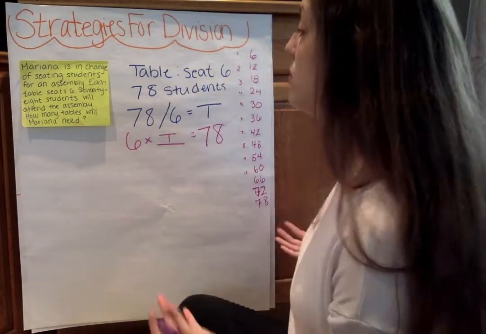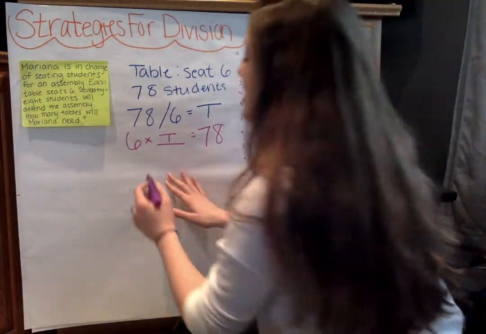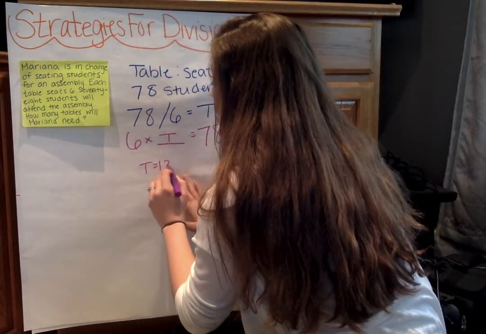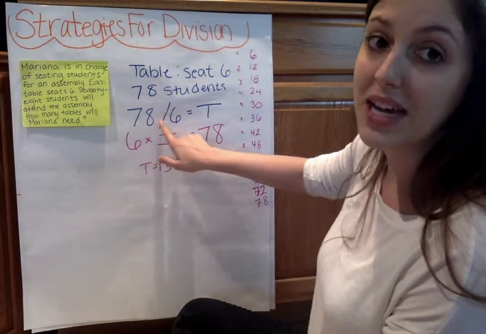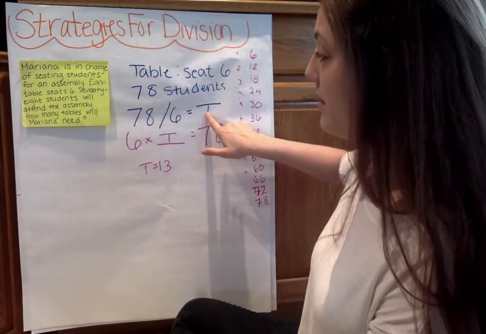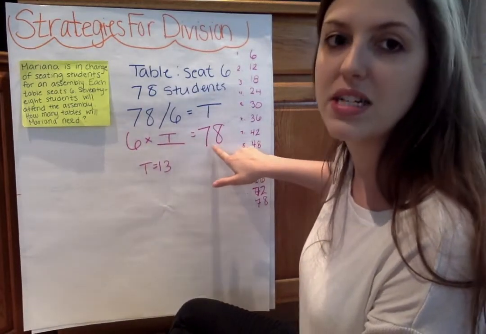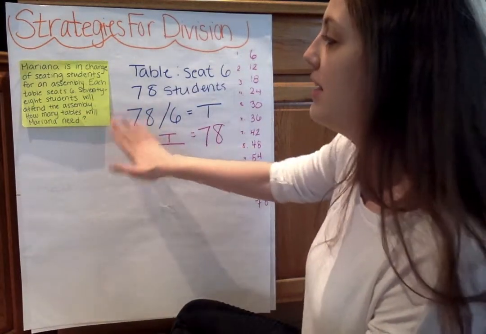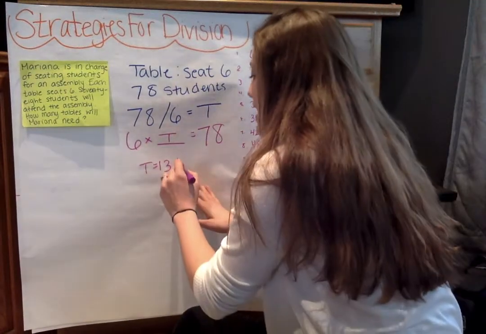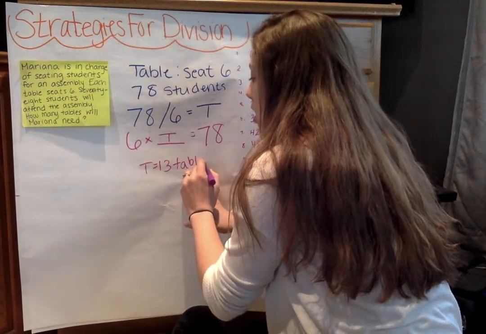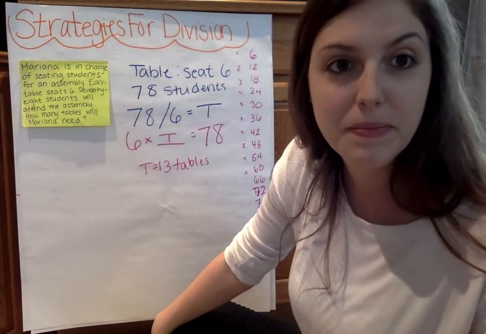So my answer, T, is going to be 13. 78 divided by 6 equals 13. 6 times 13 equals 78. So Mariana needs 13 tables to seat all of the 78 students.